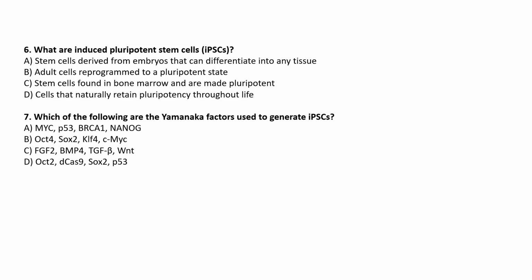So with CMYC, you must remember that proto-oncogenes and tumor suppressor genes all function in harmony in normal cells. But if there is some transformative event or some mutation, then it becomes harmful. So yeah, the answer here is B, OCT4 or OCT3/4, SOX2, KLF4, and CMYC.